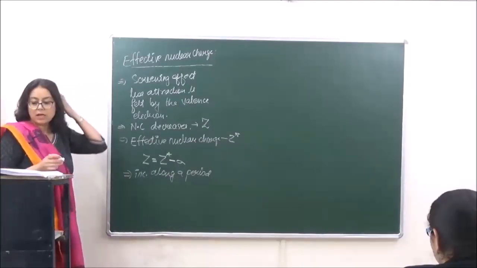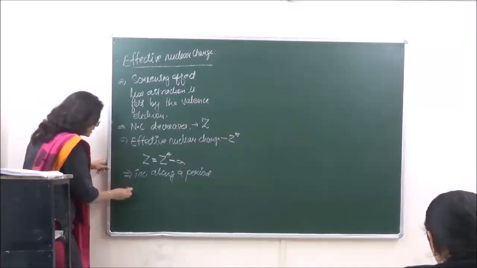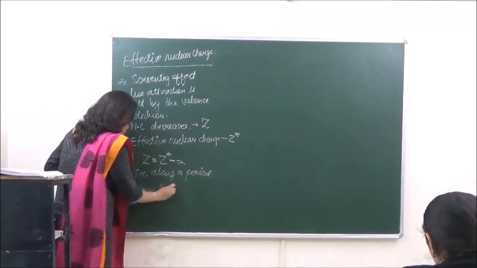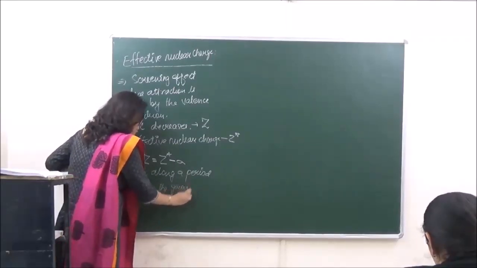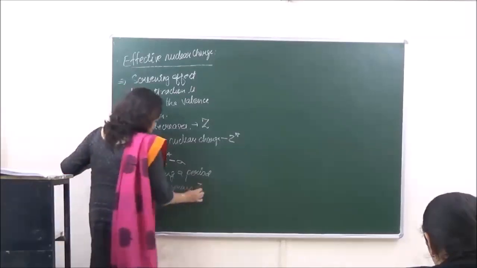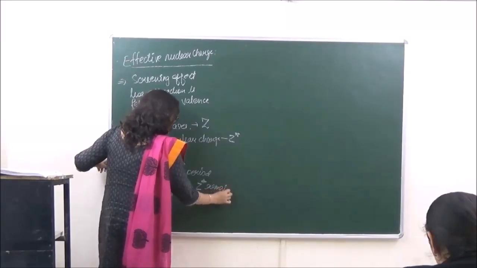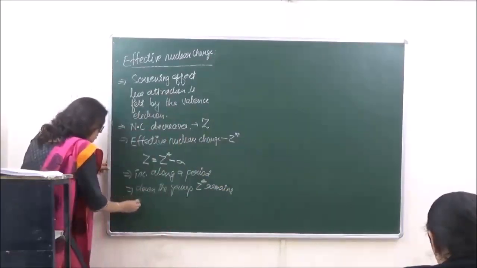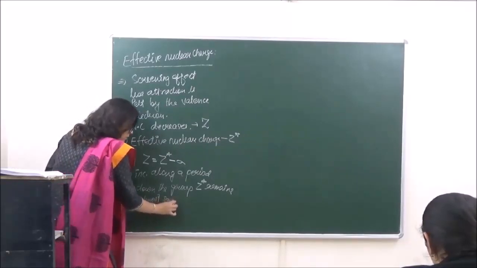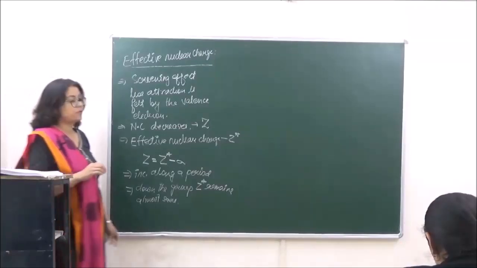The effective nuclear charge keeps on increasing along a period, whereas when we are moving down the group, effective nuclear charge remains almost the same. There is not much of a difference.